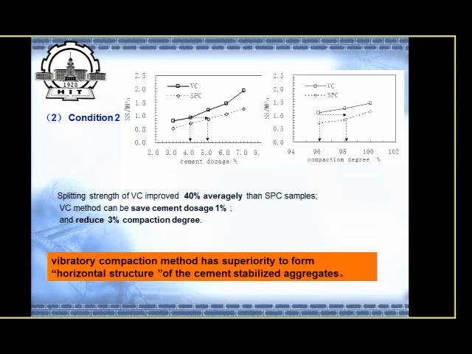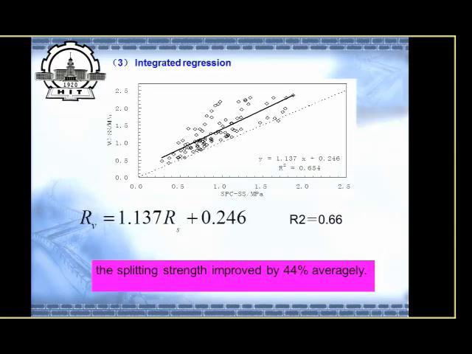This is the improved horizontal structure of the specimen. It is the integrated regression. It is a linear relationship and improved 44% on average.